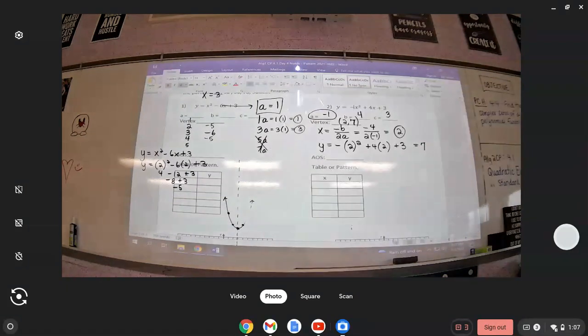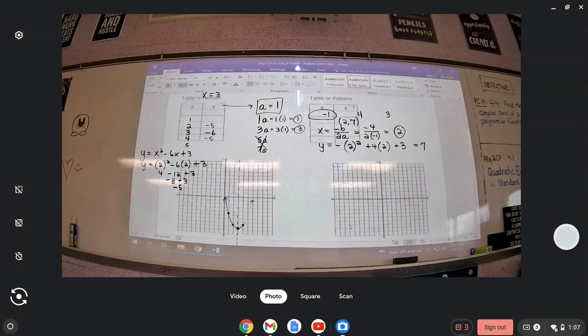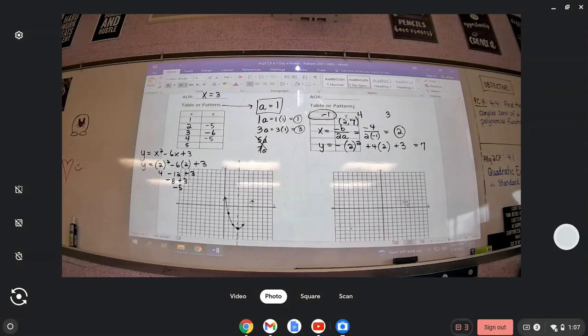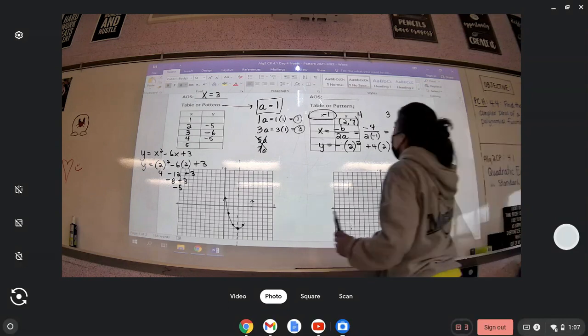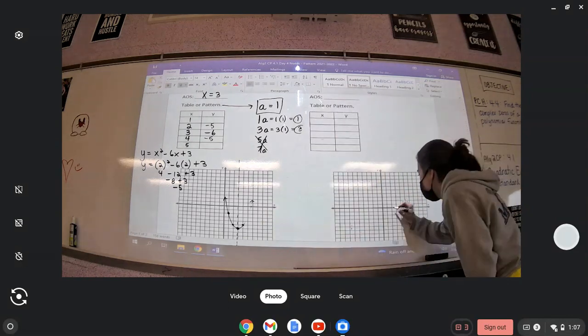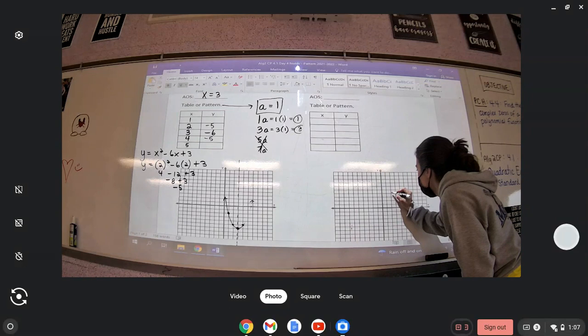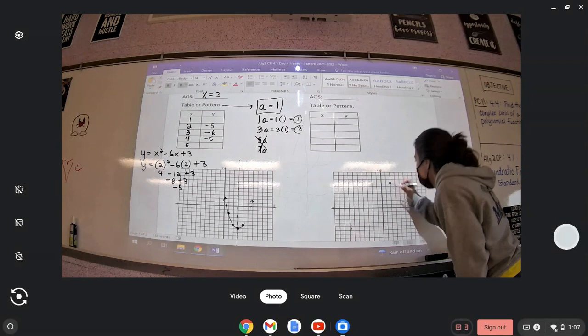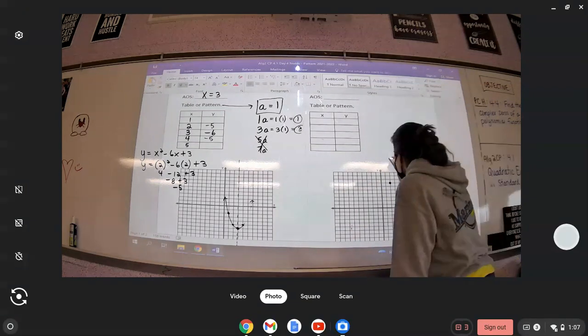So if you're a pattern person, your work is basically done. You got your vertex. Now you're going to count to your next points. Let me jump down here to my graph. All right, so let's plot our vertex, 2, 7. So to the right 2 and up 7. Give me a little AOS to help with the symmetry.